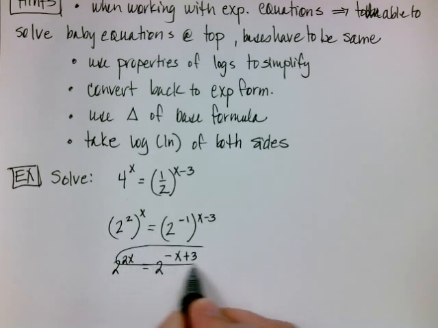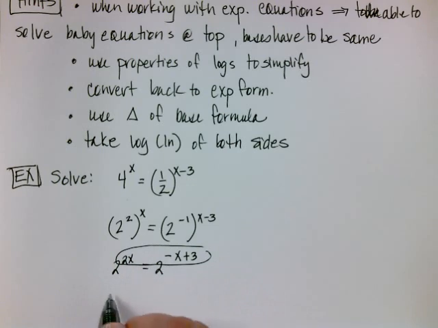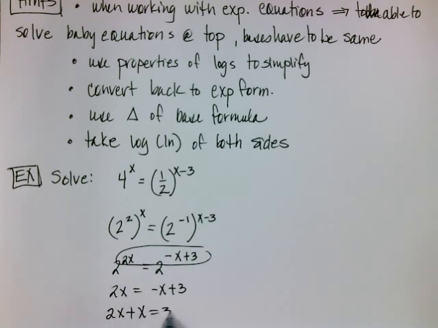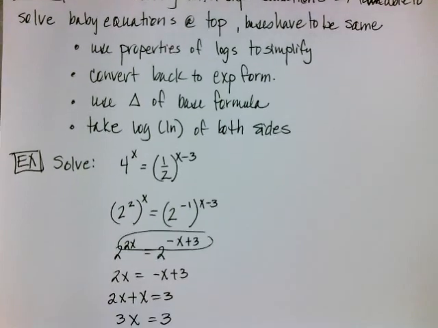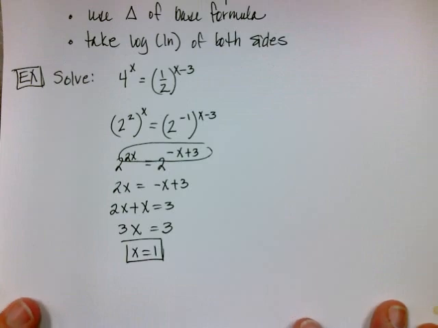I can solve the baby equation at the top, so I get 2x is equal to -x plus 3. Add x to both sides, so 2x plus x is 3x, 3x is 3. Divide both sides by 3, and I get x is equal to 1. There's my first example.